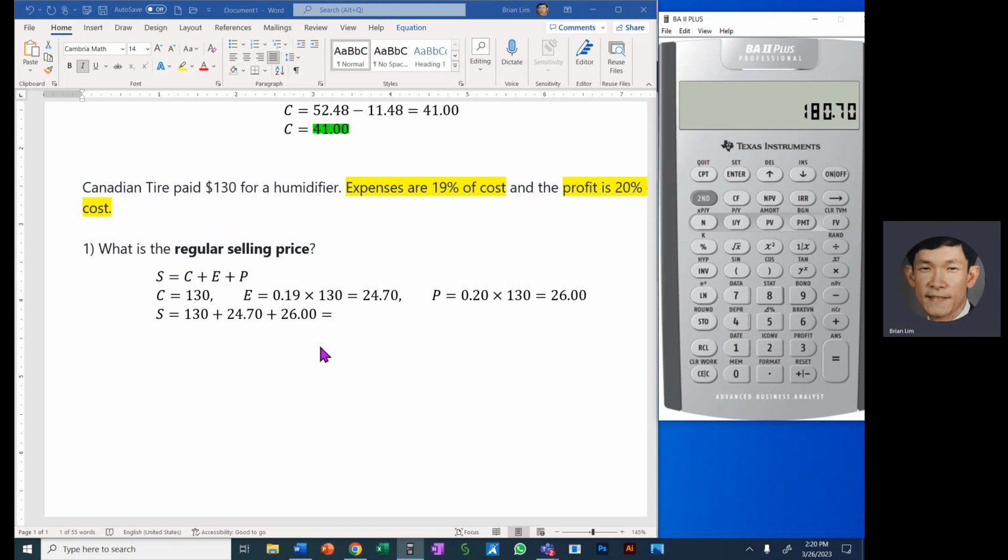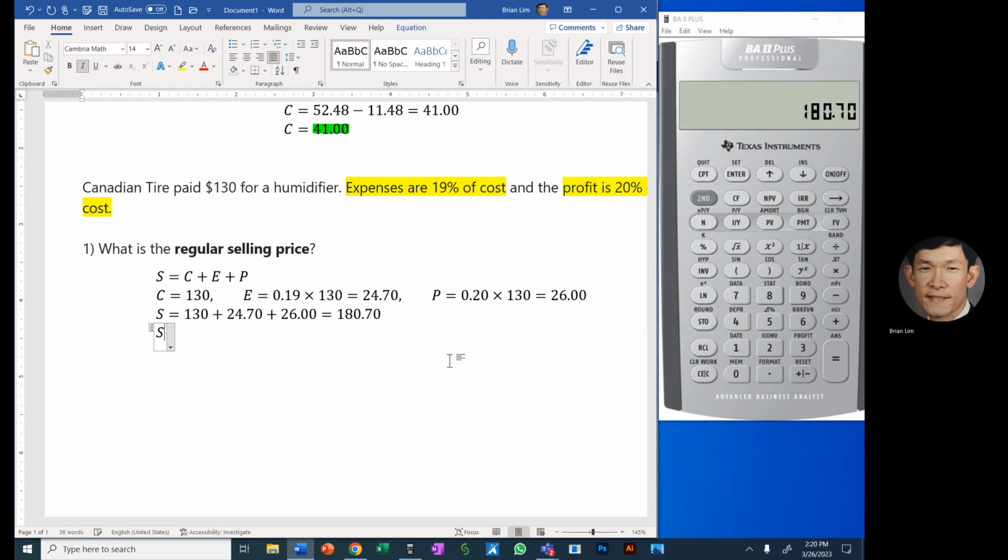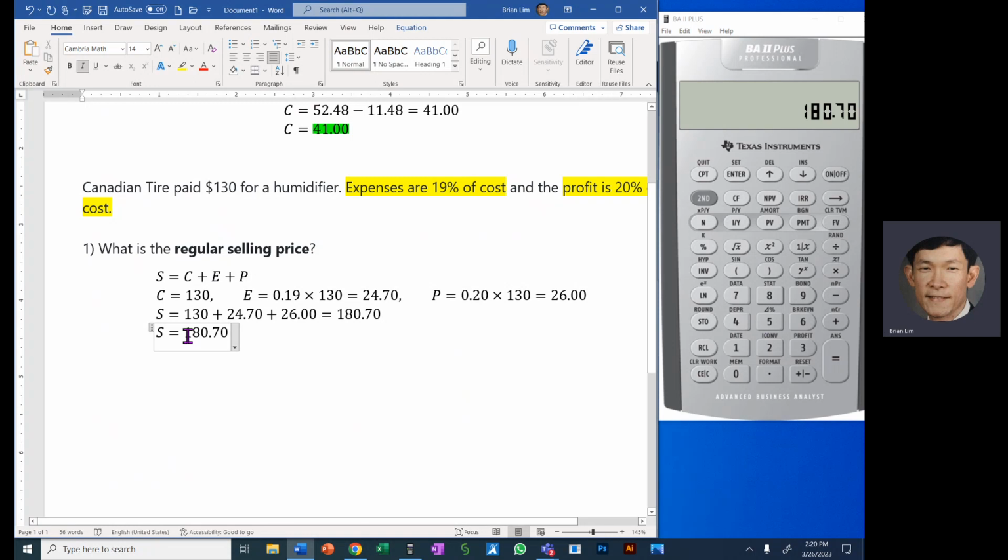So 180.70. So that should be the selling price. 180.70. So the selling price is equal to 180.70. Okay, so there we are, and we can highlight it. And there we go. We get the answer.